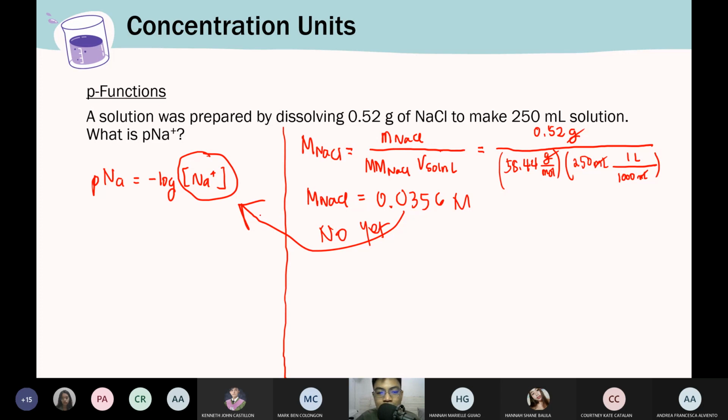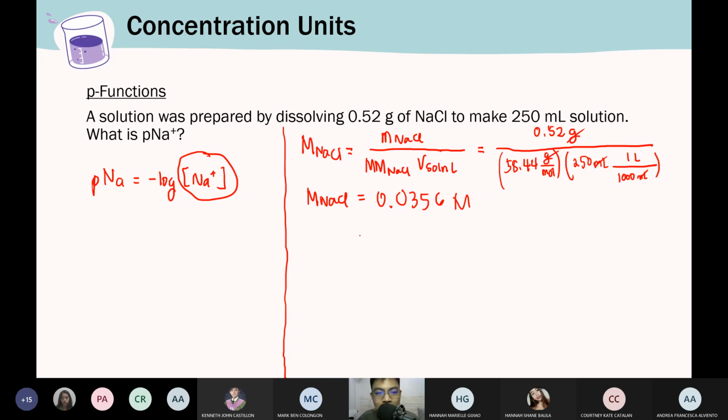What we have here is the concentration of NaCl, so you cannot plug it in right away. You have to look for the concentration of just sodium alone, the sodium ion only. So, you have to find the molarity of sodium. How will you do that?